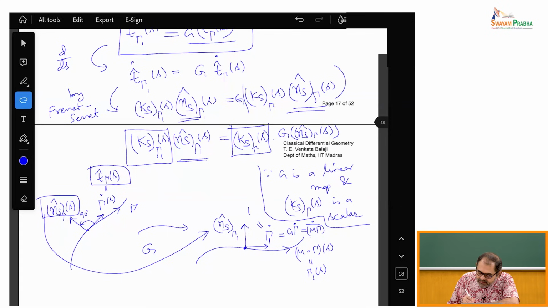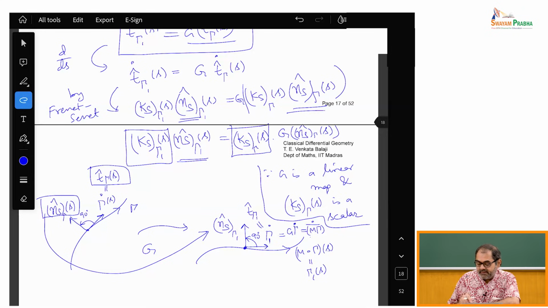See, by definition, I hope this is clear. You see, this gamma 1 dot is actually t cap gamma 1, all right, and this, if you rotate it counterclockwise by 90 degrees, you are supposed to get ns cap gamma 1, okay.